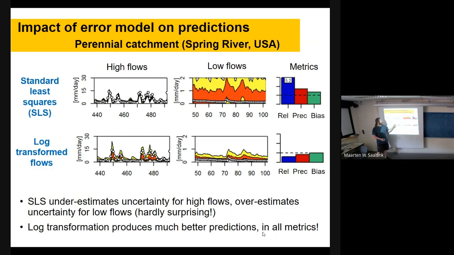All of a sudden we're now capturing the observations in the high flows, and our low flows also have an improved precision. And if you look at the performance metrics, here low is better. You can see there's a big improvement in the reliability because we're capturing that larger variance in the larger flows. There's also an improvement in the precision, and for the bias, I would say there's some small improvement there. That's probably not hugely surprising, but it's nice to see it hold up in pretty much all of the catchments.